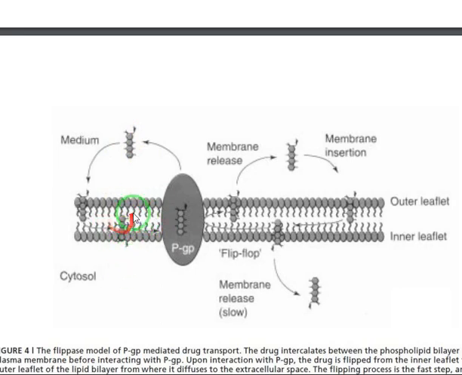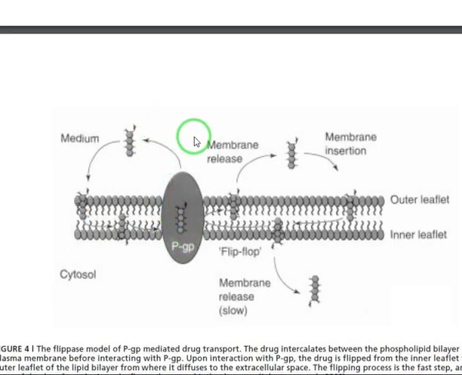This is sort of an energy barrier that this molecule has to overcome. But once it does the flip, the PGP does the flop. It rotates the molecule again and pushes it back into the bloodstream. So this is the flip-flop.